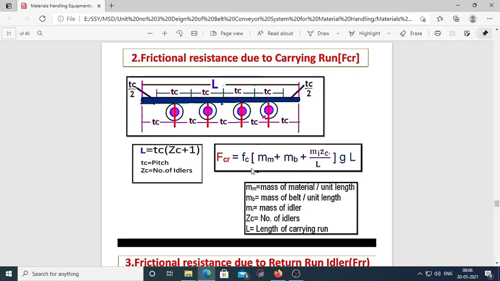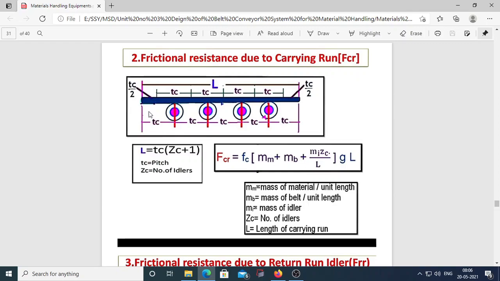Then you have to calculate the reaction between each carrying run idler and the belt. Again you have to calculate the frictional forces between each carrying run idler. All these things you have to calculate, and finally you will get L is equal to TC into ZC plus 1. This is the total length of the belt.